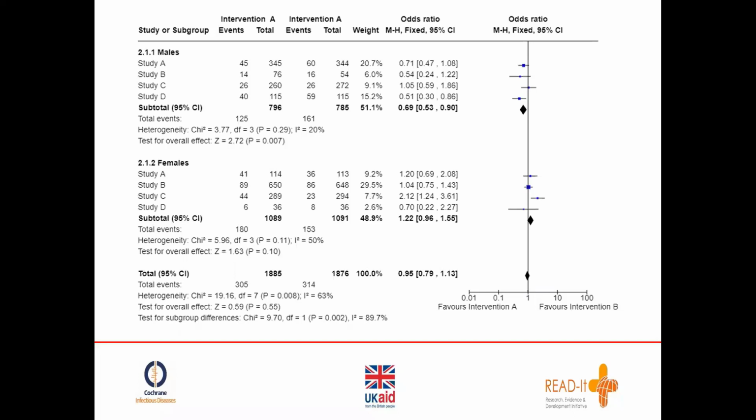If we had different trials included in each subgroup, so perhaps some trials only included males and some trials only included females, the findings of the subgroup analysis would be less reliable. You can still perform the analysis in that way, but generally it's better to be looking at within study relationships rather than between study relationships between a subgroup characteristic and outcome.